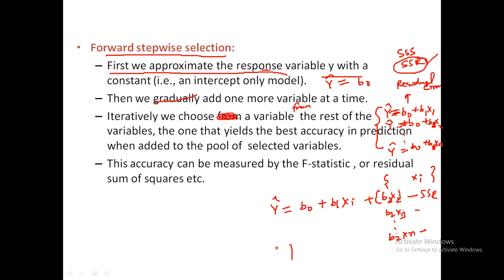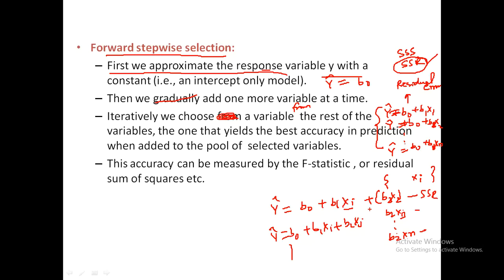So next time your model will become B naught + B1 xi + B2 xj. So every time the already selected feature we shall not keep for further selection. So this is removed.